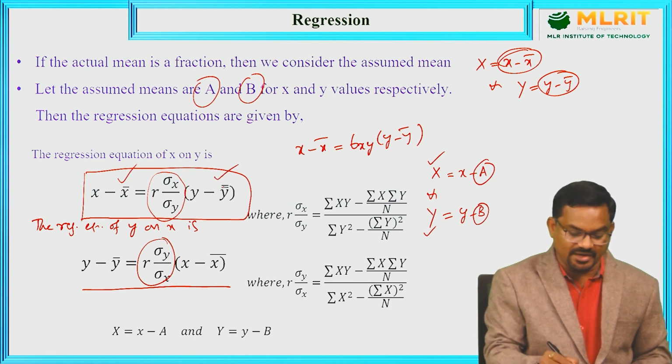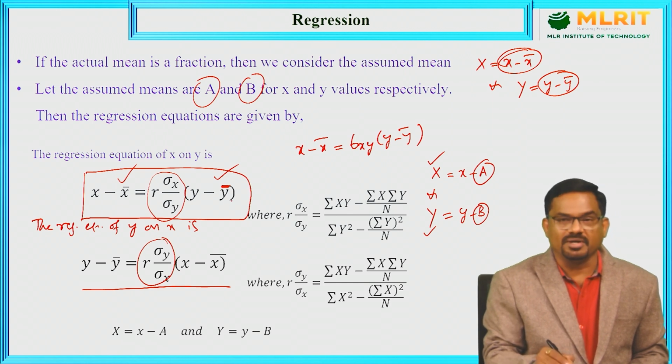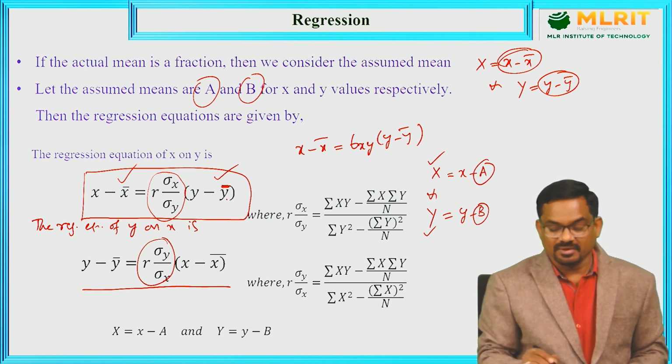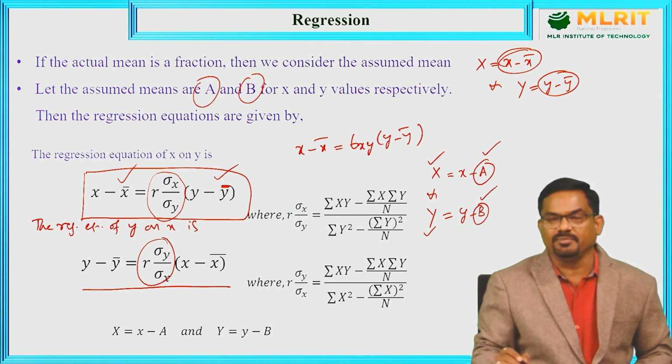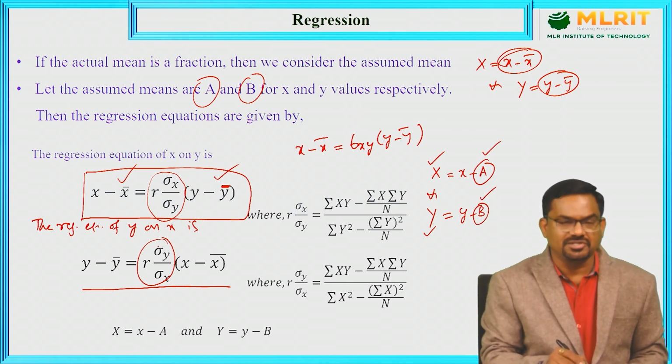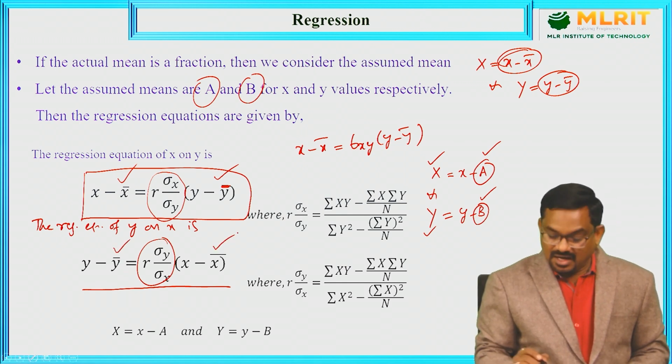You can see here x minus x bar and y minus y bar are the original true means, but to find capital X and capital Y I am using the assumed means. Similarly, the regression equation of y on x has y bar and x bar.